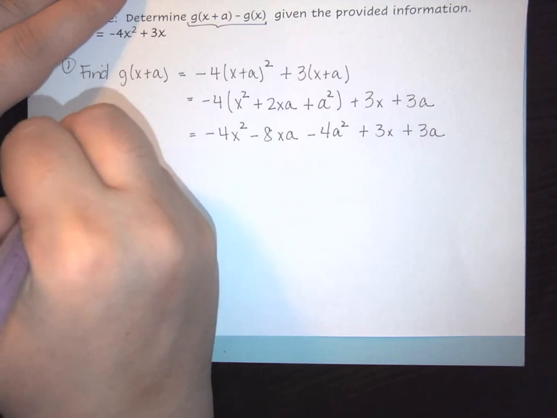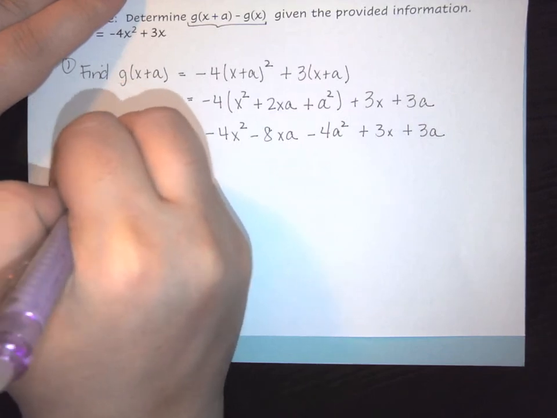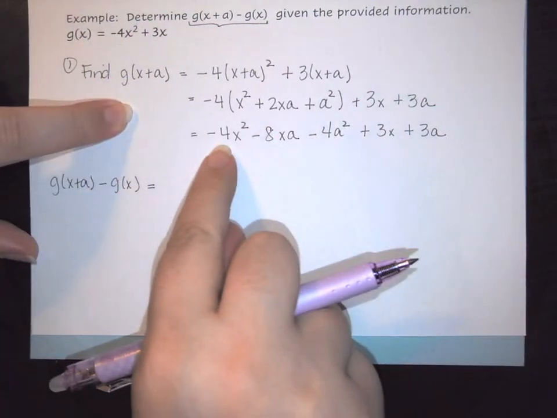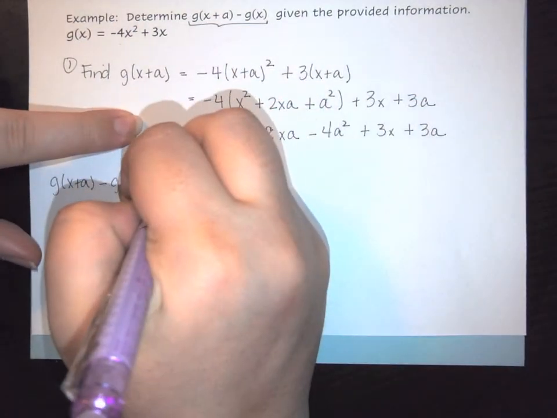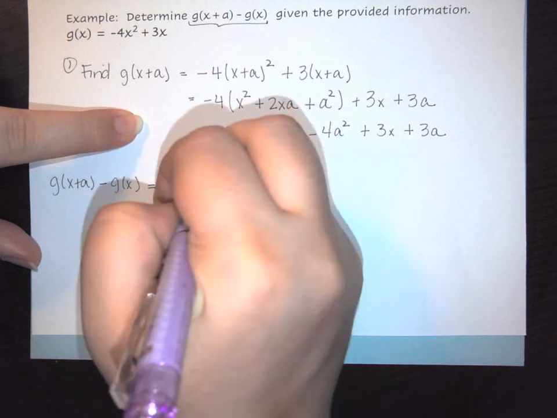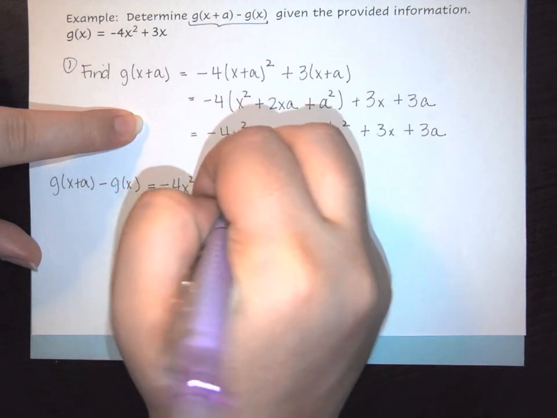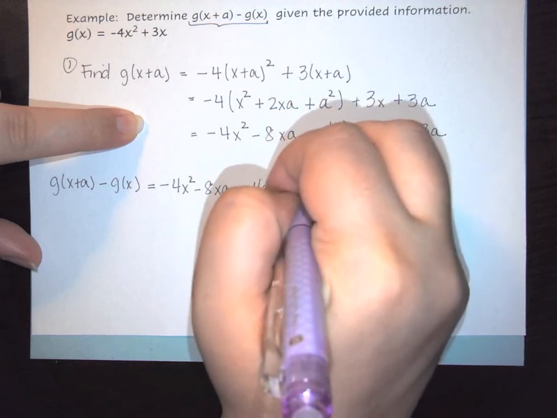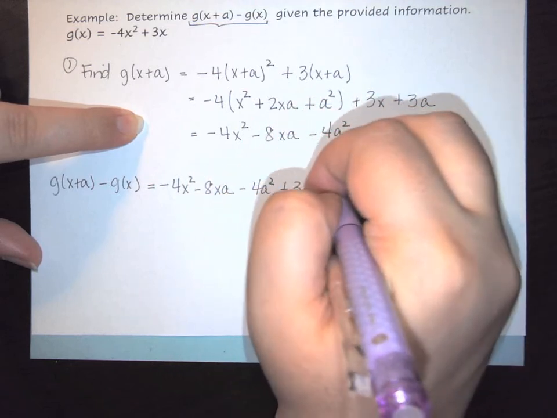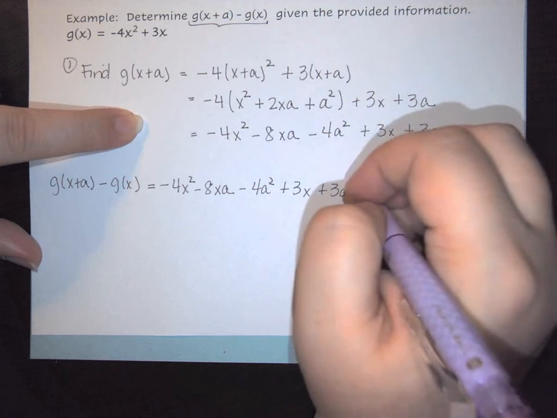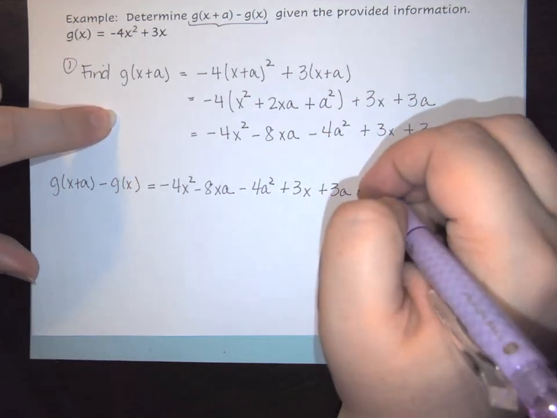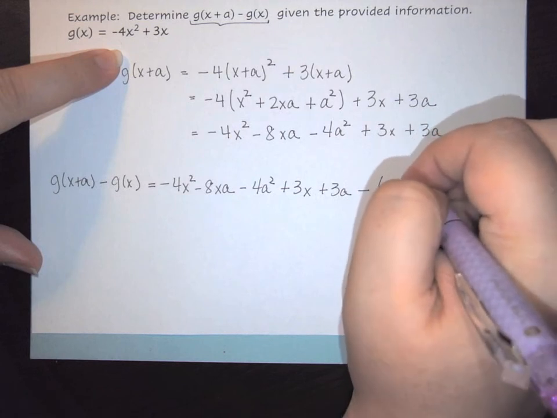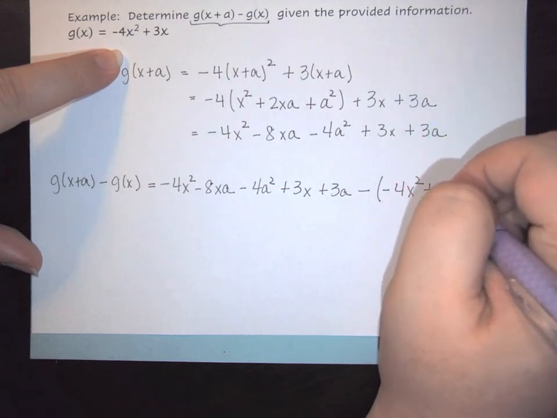So I want g of x plus a minus g of x. So that's going to be what we just found here, -4x squared minus 8xa minus 4a squared plus 3x plus 3a. But then we have to subtract out my g of x. So I'm going to open a parenthesis here, and this is minus the quantity -4x squared plus 3x.